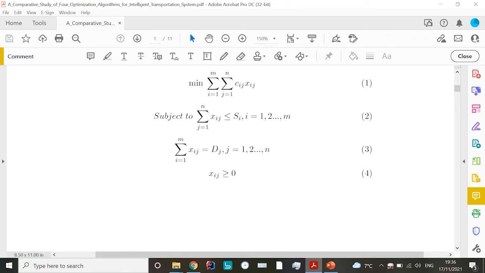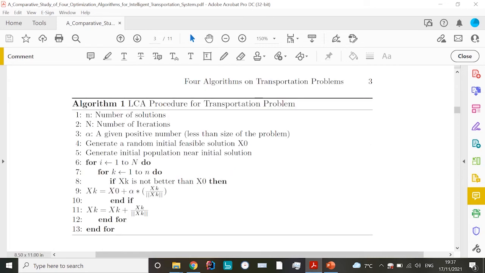The problem of the paper is transportation, just simple transportation. This is a mathematical formulation of that, and we have converted all algorithms from continuous, because as you see, the proposed algorithms were just for continuous problems in optimization.